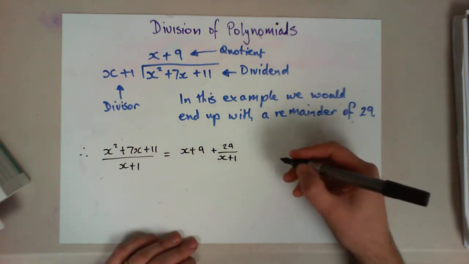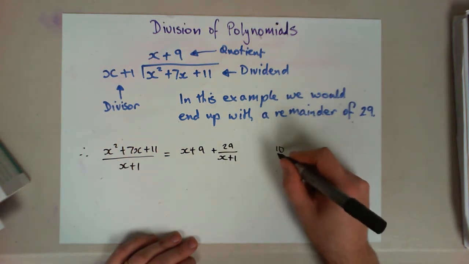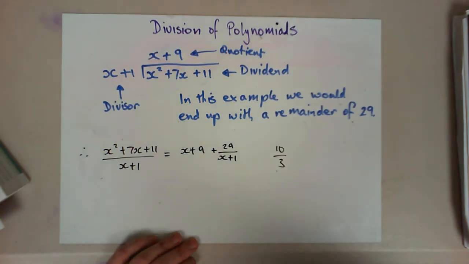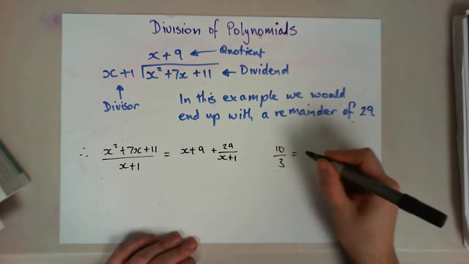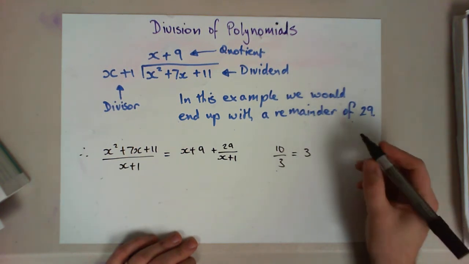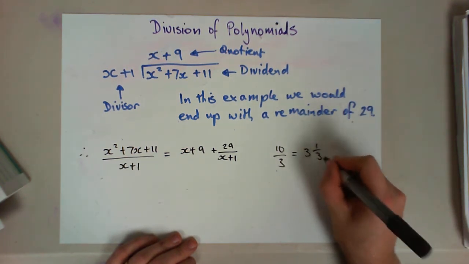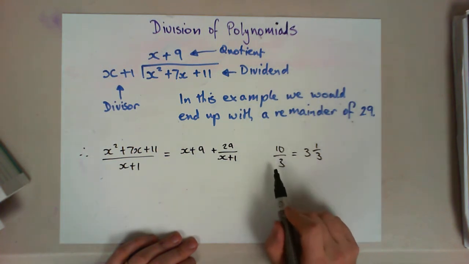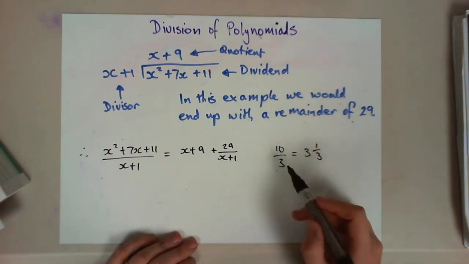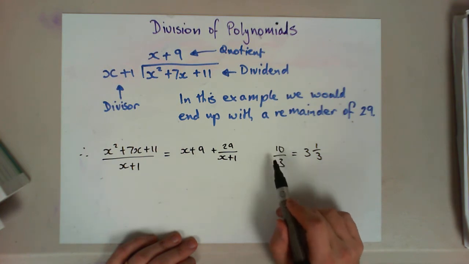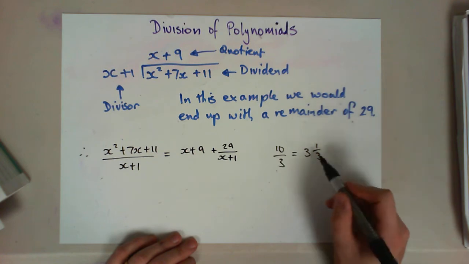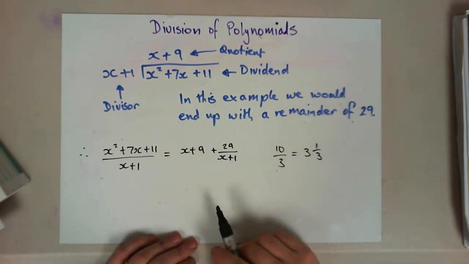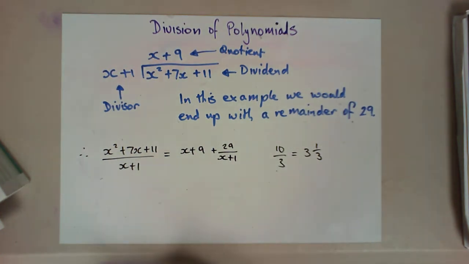This makes sense if we were to divide 10 by 3: our dividend would be 10, our divisor would be 3, our quotient would be 3, with a remainder of 1 on 3. When we convert from an improper fraction to a mixed number, we write our remainder over our original divisor, and we do the same thing when we divide by polynomials.